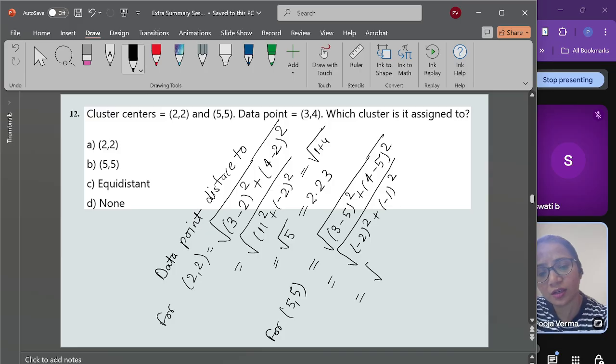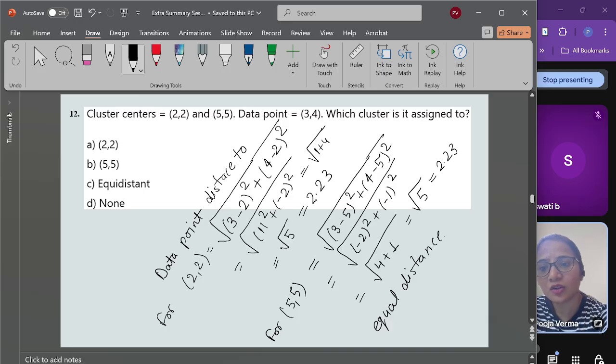Again we will get 4 plus 1, and overall the value you will get is 5, root of 5, which is 2.23. So both values are equal or similar, you can say that. So you have found equal distance. It is also known as equidistance.